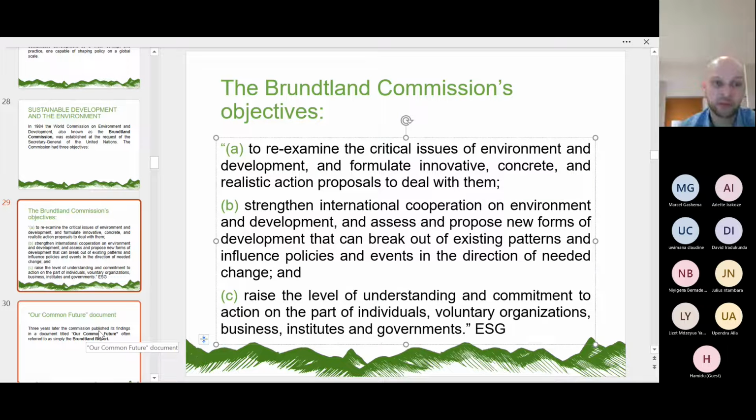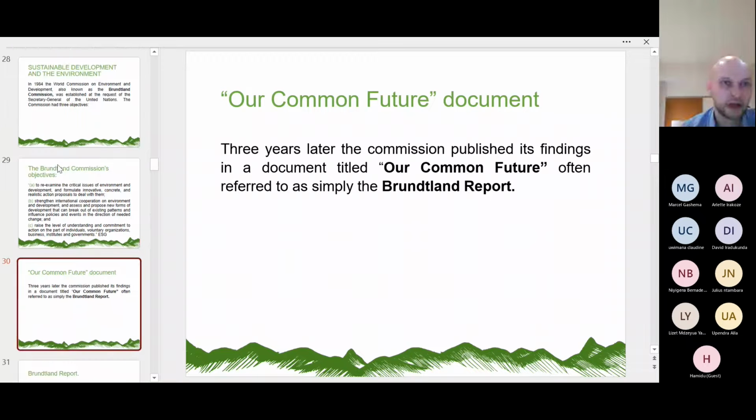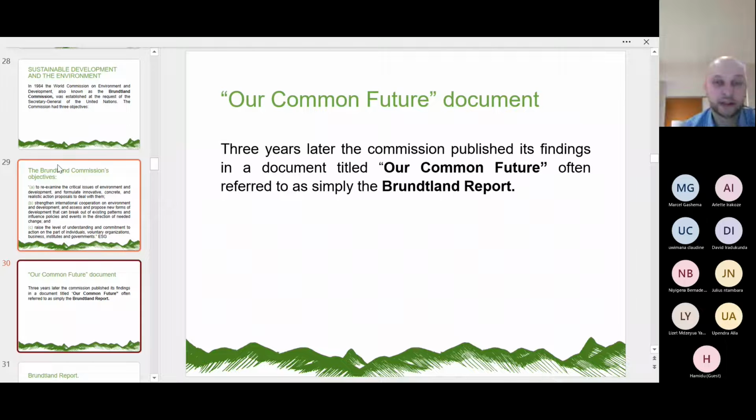The Brundtland report has an official title, Our Common Future. Three years after the commission was established in 84, they published its findings in a document titled Our Common Future, and there is another title for this document, Brundtland Report.